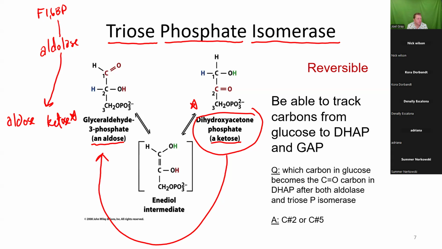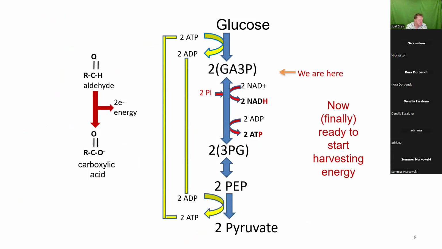The aldose that we produce, the glyceraldehyde 3-phosphate, can go through glycolysis. The ketose, on the other hand, does not proceed through glycolysis. It has to be converted to the aldose. So triose phosphate isomerase catalyzes that reaction.